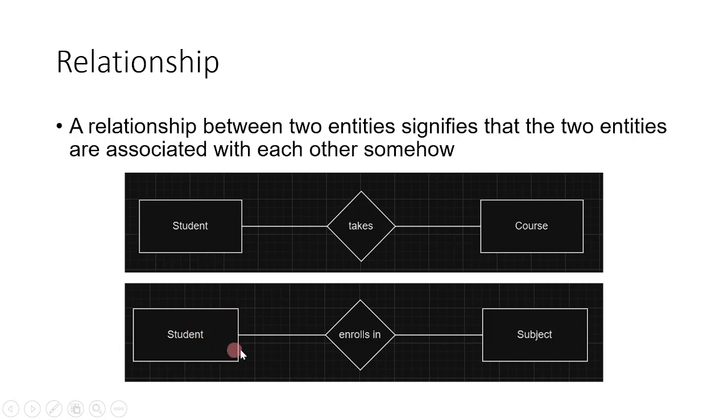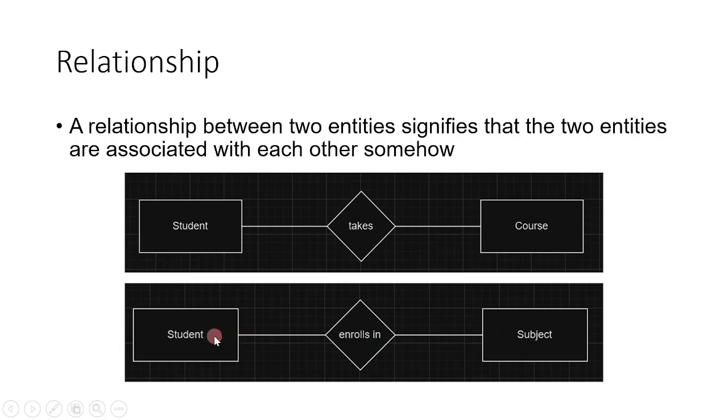But one subject could be taken also by many students. Therefore, an instance of this entity here, or a record here, could have many connections to this entity and vice versa. One student here has many connections to our subject. So therefore, many to many.